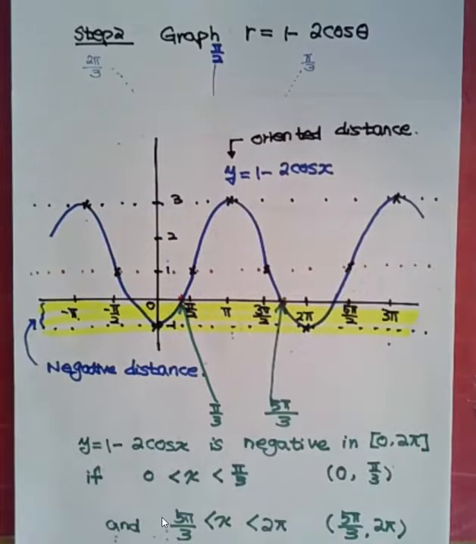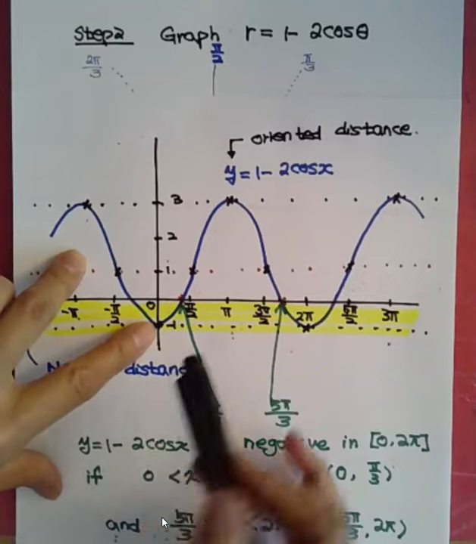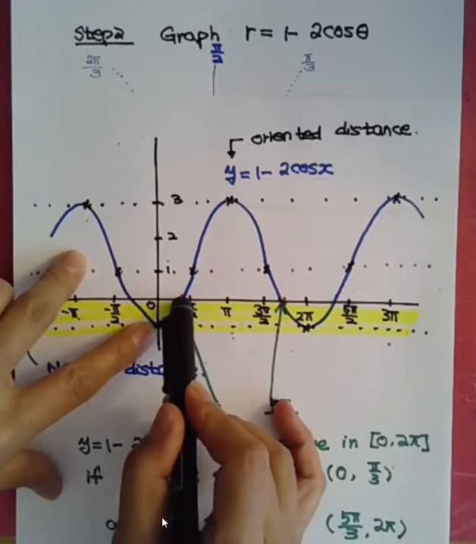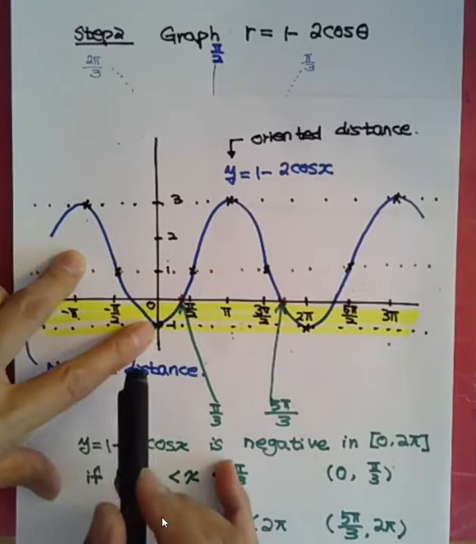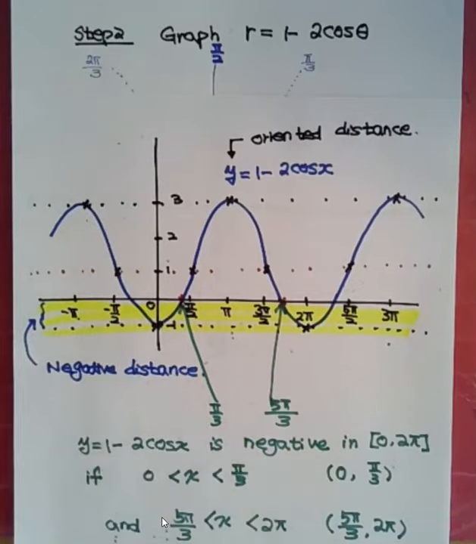So if y is less than 0, then the point will be located in the other direction of the terminal side of the angle. For example, if we consider the points between 0 and pi/3, then in this region, y values are negative.